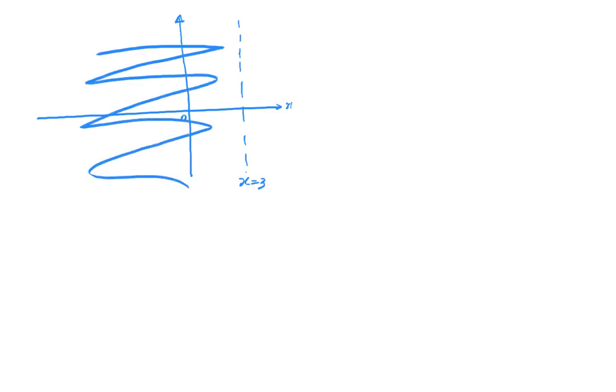That's why in part C, they tell you that as x approaches 3 from the left, this is the left side. So that means I have to find the x value which is very close to 3, but less than 3.